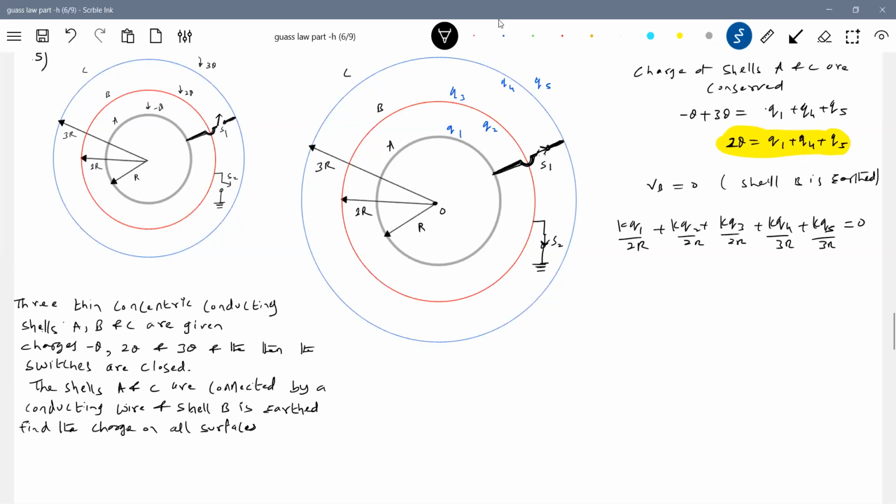There's one equation that we have. Can we draw a Gaussian surface and get a relation between Q1 and Q2? Yes, Q1 plus Q2 must be equal to 0. And Q1 plus Q2 plus Q3 plus Q4 should be 0.